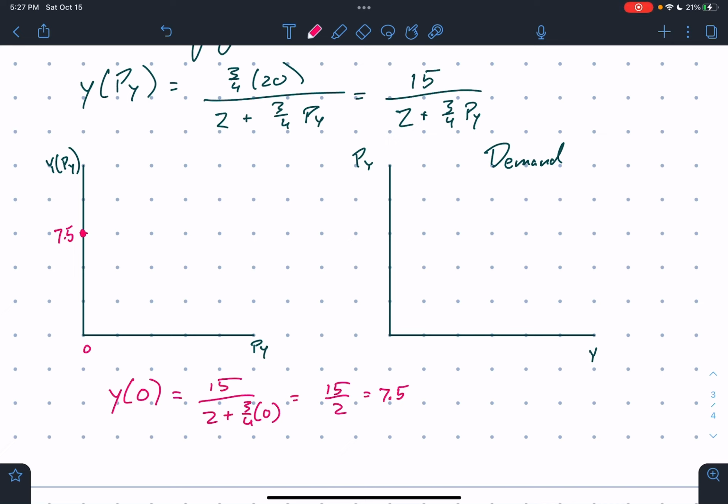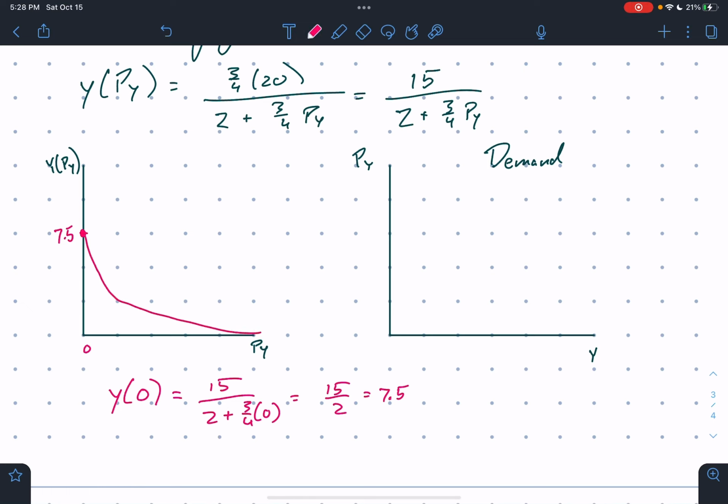And then we see that as the price of y increases up here, the demand for y is going to go down. And it's going to go down pretty fast because the py is in the denominator. So if I make py really big, this is going to get really small. So it's not going to be a straight line, it's going to be a curved line. Oh no, I did not mean to erase that.